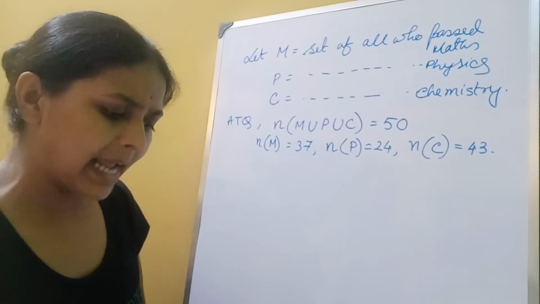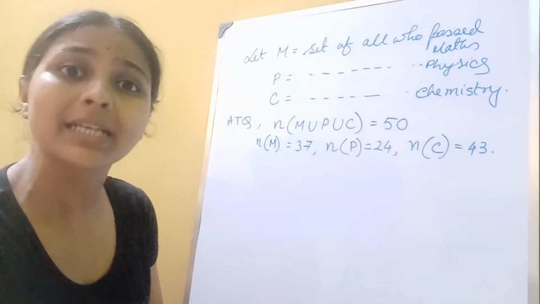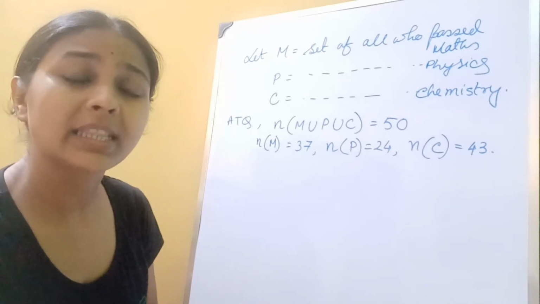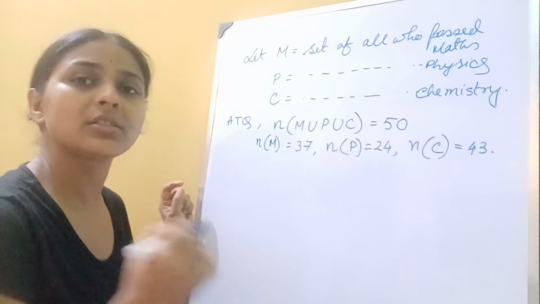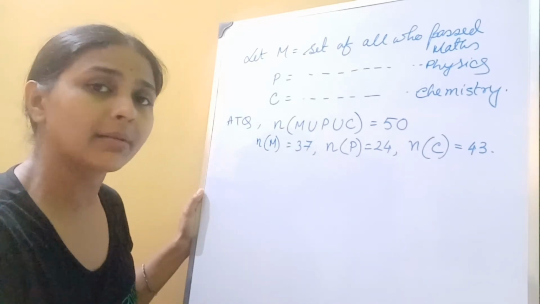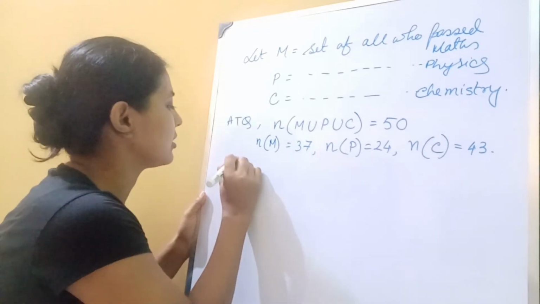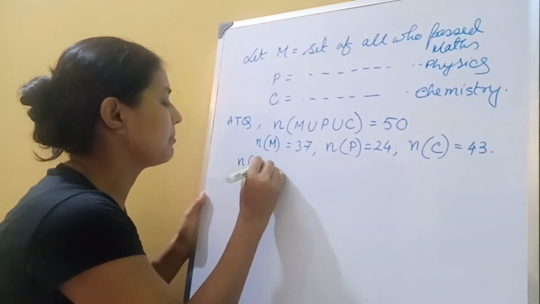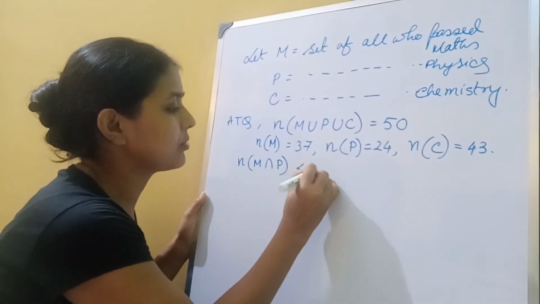Another thing given is that at most 19 passed mathematics and physics. Mathematics and physics, that means their intersection. Okay, and at most. It is not an exact number given, it is given at most. At most means that's the maximum. Okay, so n of M intersection P less than or equal to 19.